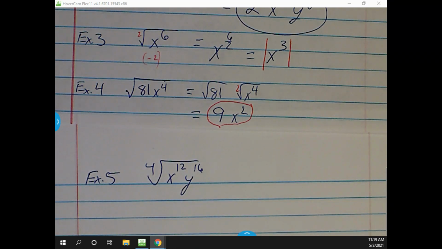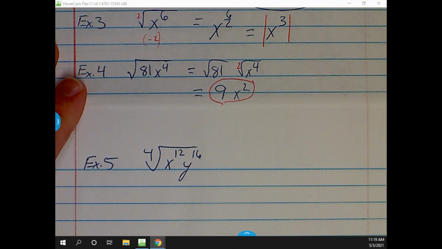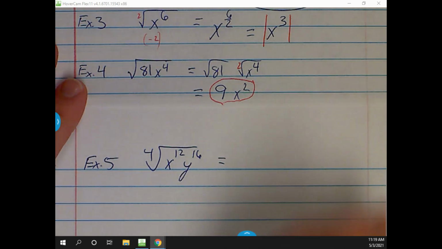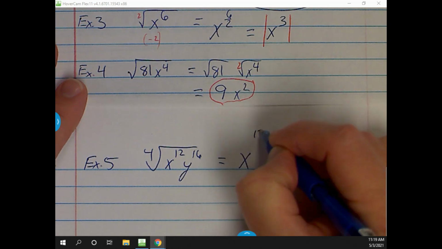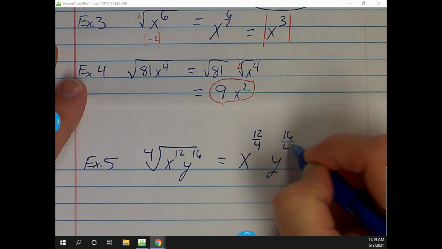All right, so let's do the fourth root of x to the 12th and y to the 16th. Again, all we're going to do is take each of the variables we've got here and divide them both by 4.